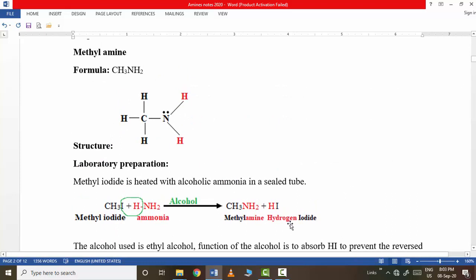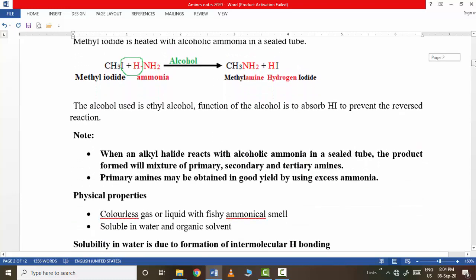Even in this case, there are two hydrogens left; again one hydrogen can be replaced by the alkyl group, and again one more hydrogen can be replaced, giving rise to primary, secondary and tertiary amines. Next point: primary amines may be obtained in good yield by using excess ammonia.